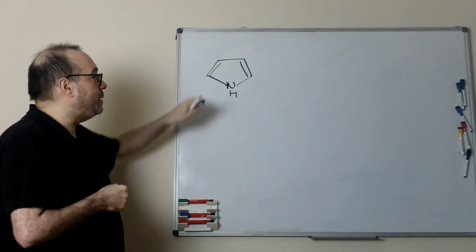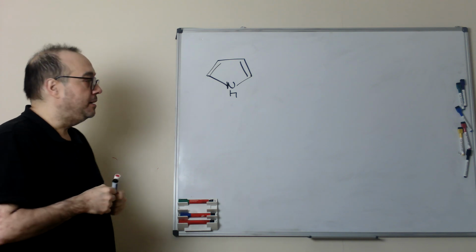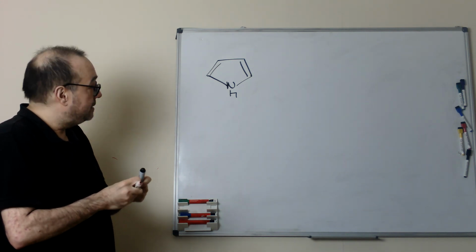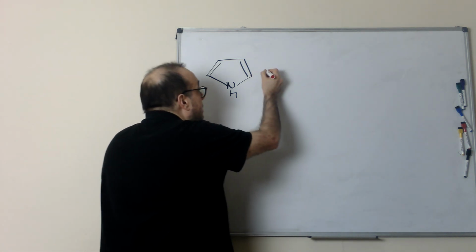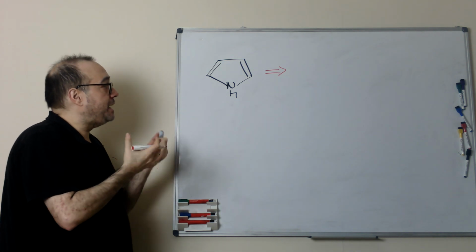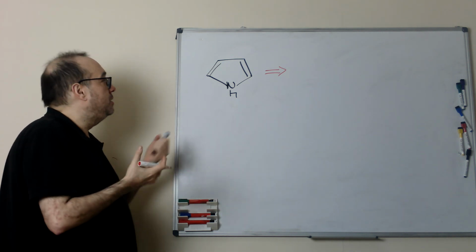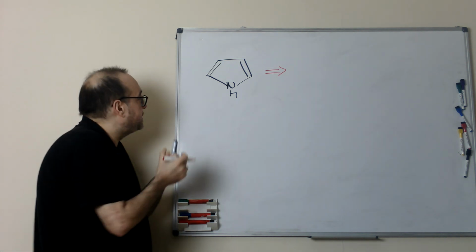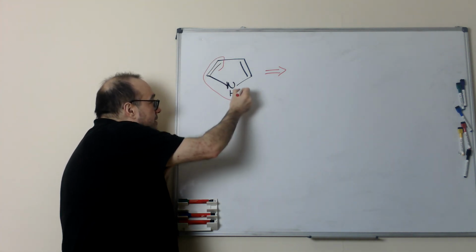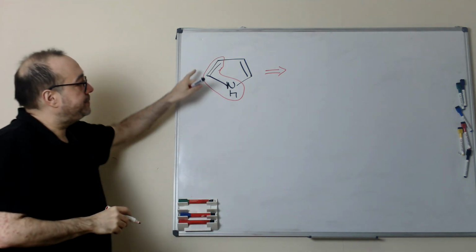Okay, then how can we synthesize pyrroles? Well, first we can do a retrosynthesis. In order to do a retrosynthesis, we need to check which functional groups we see in pyrrole. If we look at this part, what is this?